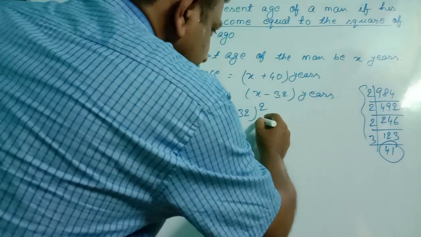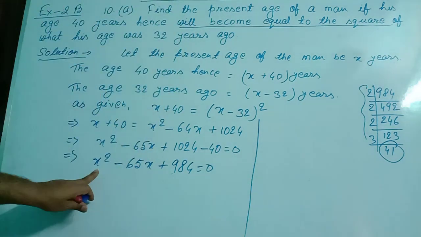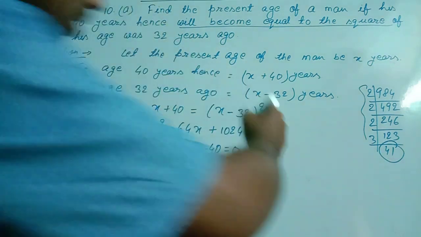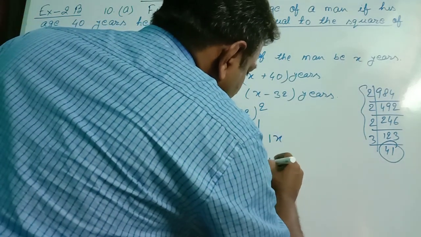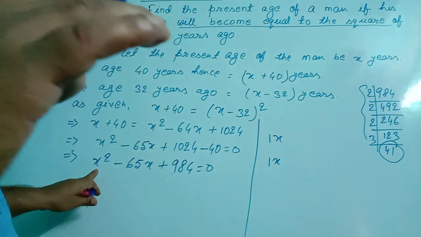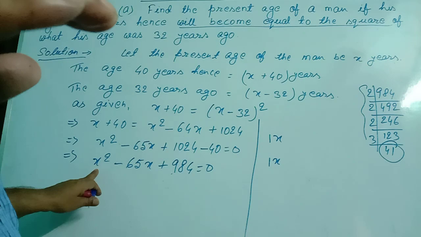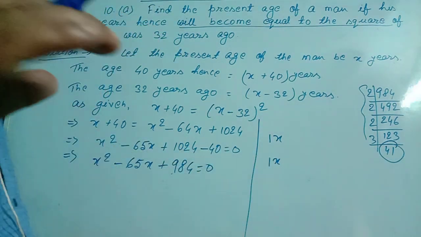Now at this place again we shall apply that trick. What is the coefficient of x square? It is 1. So we will write 2 times 1x, 1x. You be attentive at this point. I wrote the coefficient of x square twice, 1x, 1x.